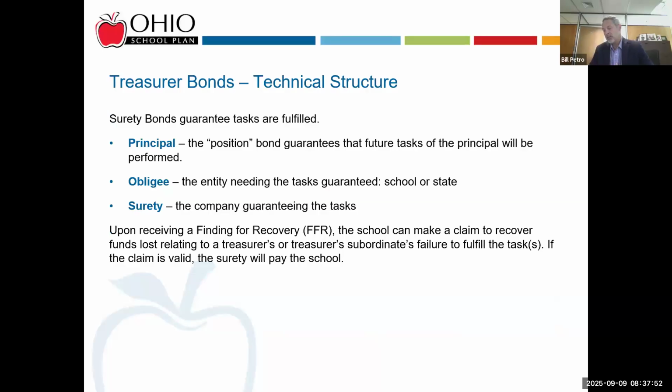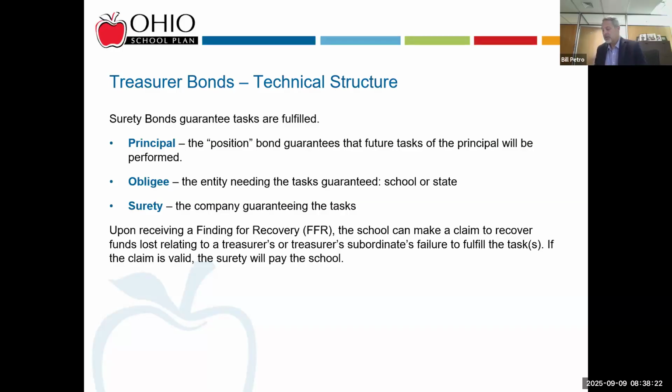And in this technical makeup, you have the principal, that's the treasurer, the individual that the bond is guaranteeing those tasks. You have an obligee, and that's the entity needing the tasks fulfilled, and that's either the school or the state, both require that. And then there's the surety company, of course, the bonding company that's guaranteeing these tasks will be done properly.